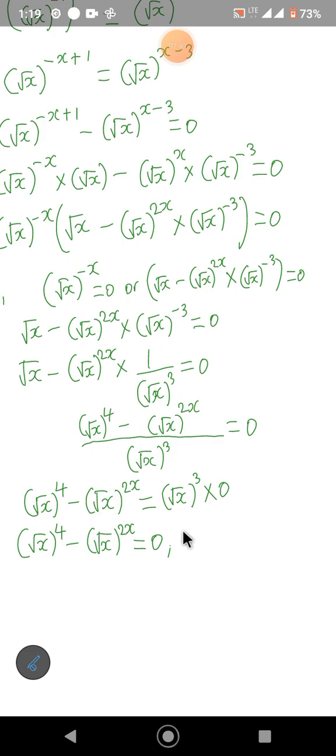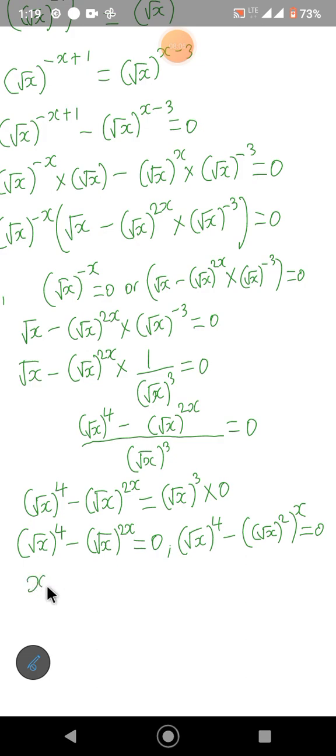Then now I can say that this is root x now raised to the power of 4. Then here I will write it in this format. So here will be root x raised to the power 2, then close bracket, raised to the power x, equal to 0. But root x raised to the power 4 is the same thing as x squared.